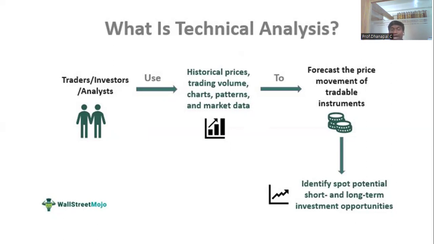By analyzing all these things, we can use technical analysis, which helps us forecast the price movement of tradable instruments. Whatever instruments we trade in the market, we can identify and forecast the price movements, and spot potential for short-term and long-term investment opportunities. This is the process, and easily we can understand what technical analysis is.